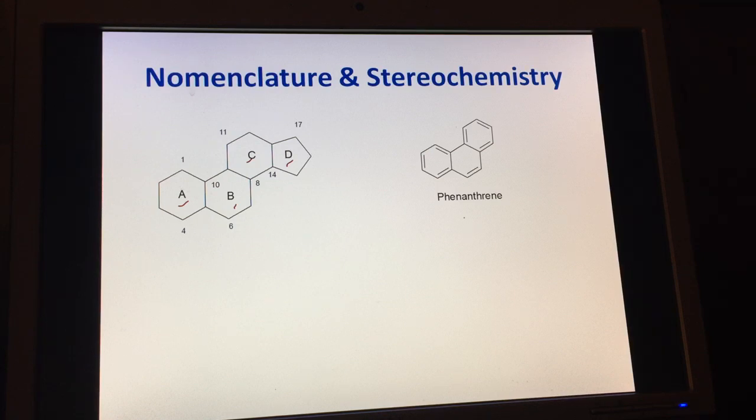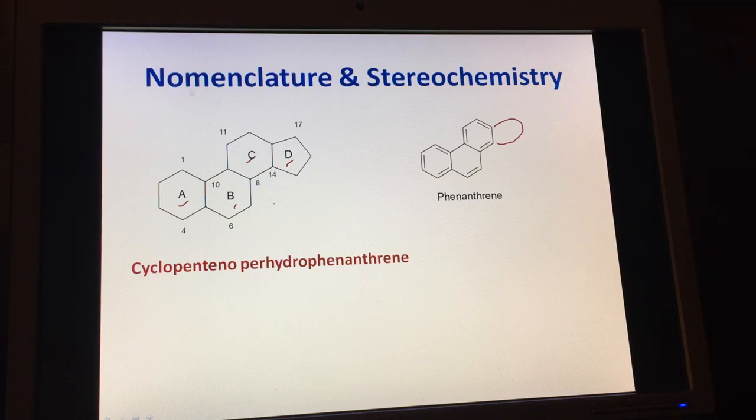This becomes the chemical name of this ring system, or the common name is sterane. The chemical name is derived from phenanthrene. We have a cyclopentene ring system fused at this position. So this is cyclopenteno perhydrophenanthrene. The chemical structure present in all steroids is cyclopenteno perhydrophenanthrene.